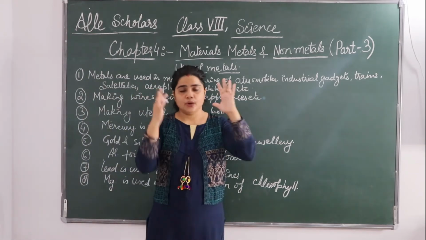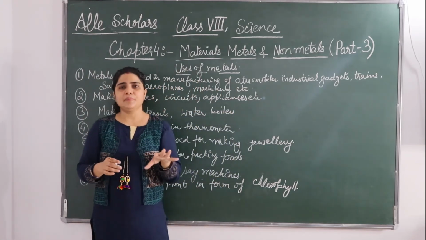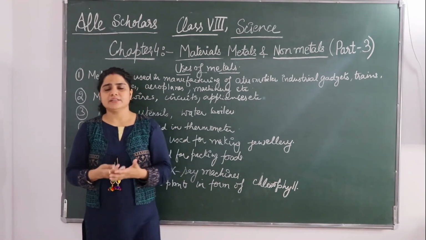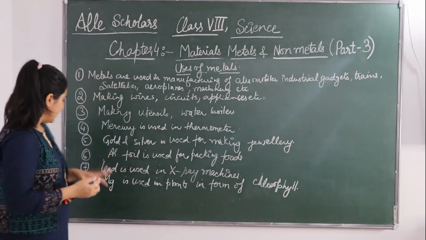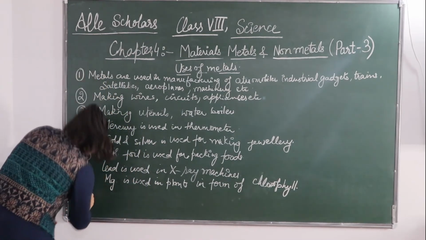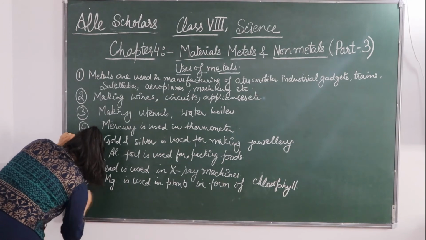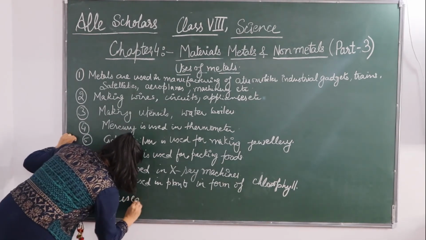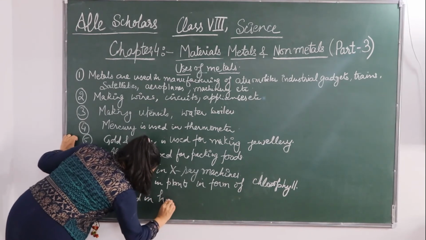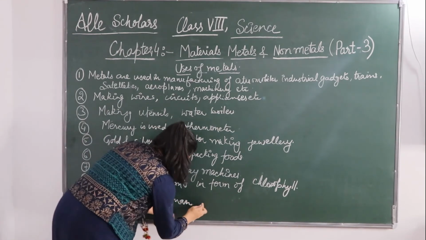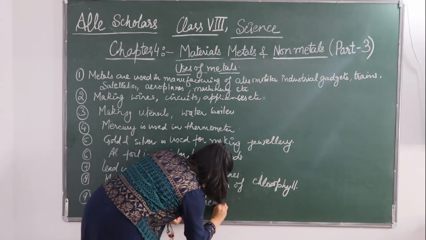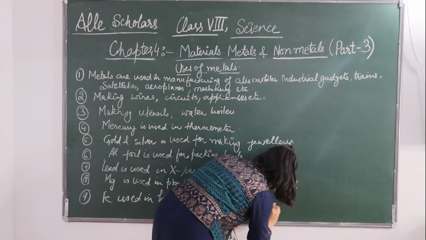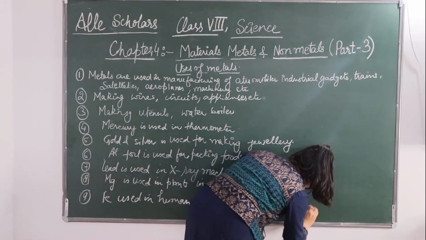Our doors and windows are made of iron, in different parts of the construction of a house, a factory, or so many constructions. Okay, so iron is another metal used in human hemoglobin and used in construction.